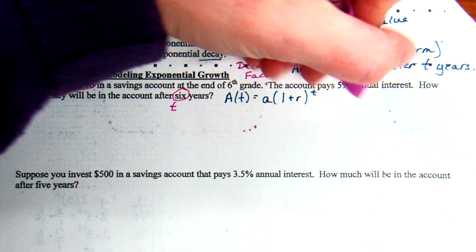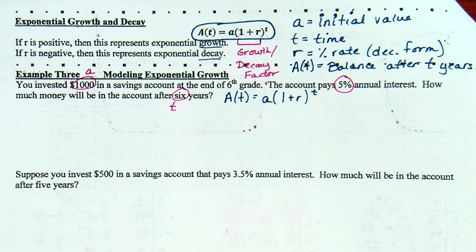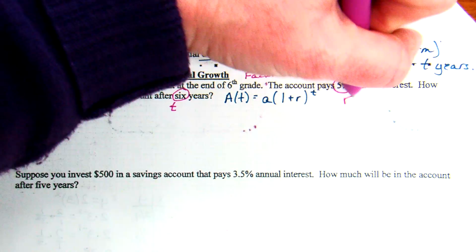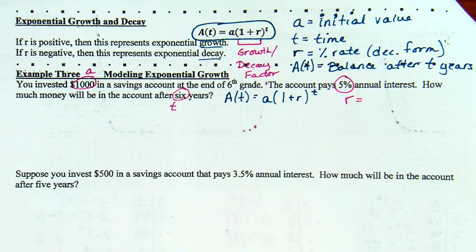Okay. So 5% is our rate. It is our percentage rate. But as I said, we don't put 5% into an equation format. And so in order to change a percent to a decimal, move the decimal 2 places left or divide by 100. And that is 0.05.